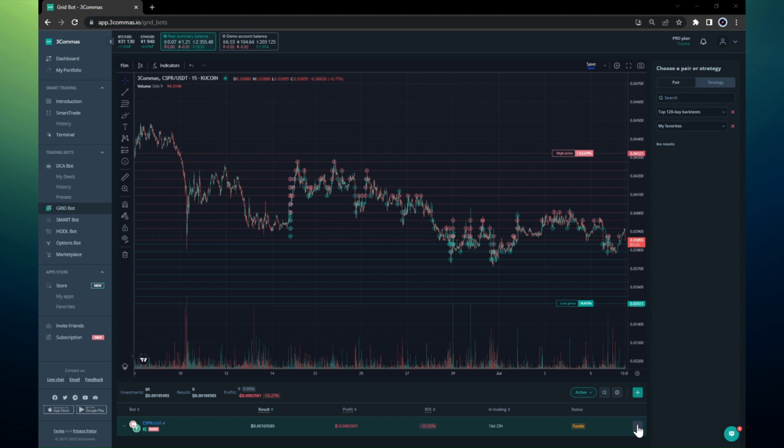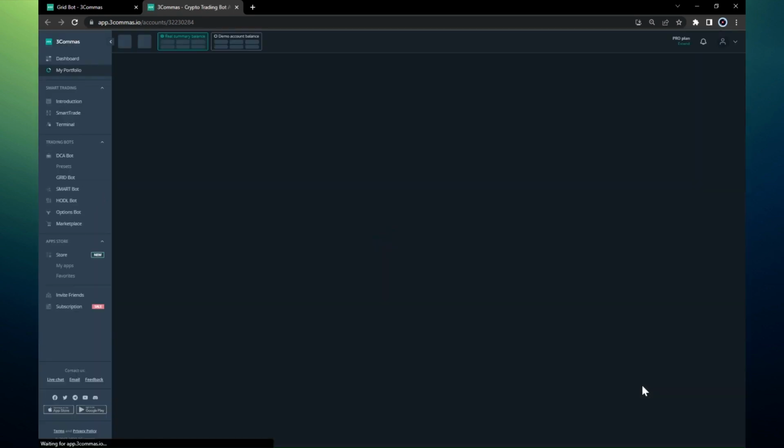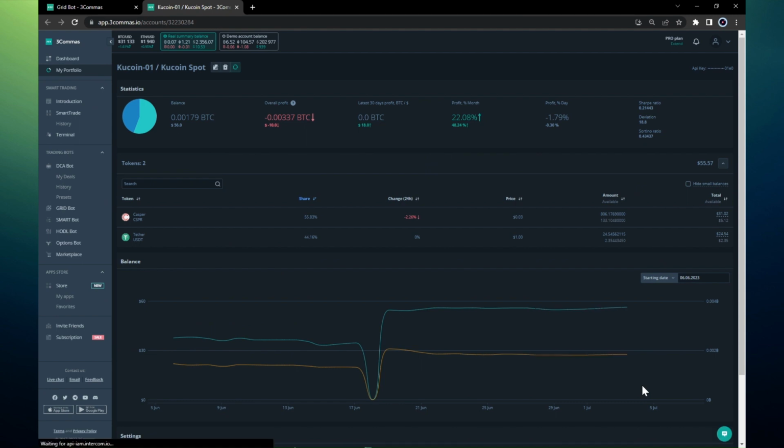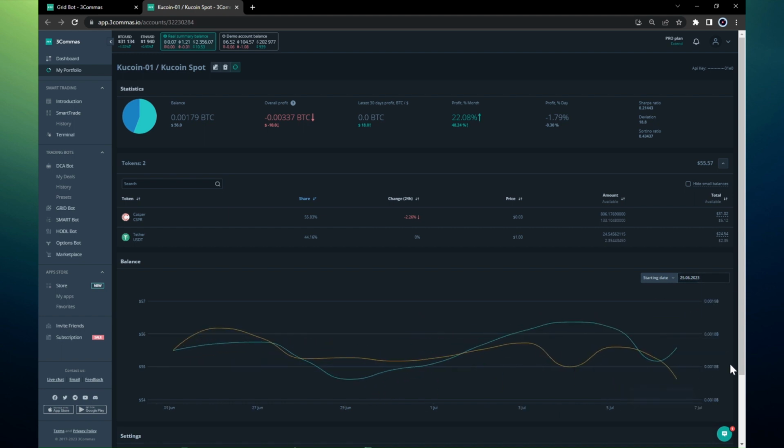If I go into account, this is the sub account where this grid is running. And we can look, for example, at the last 2 weeks or so.